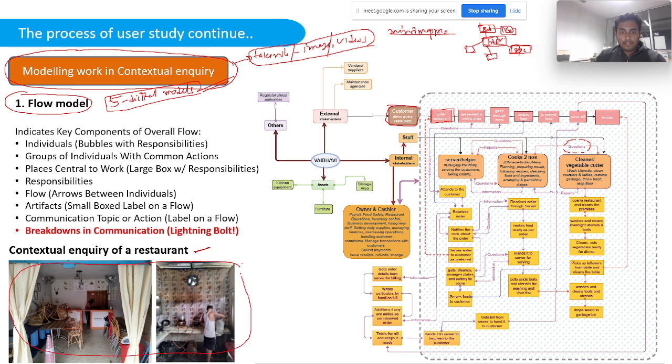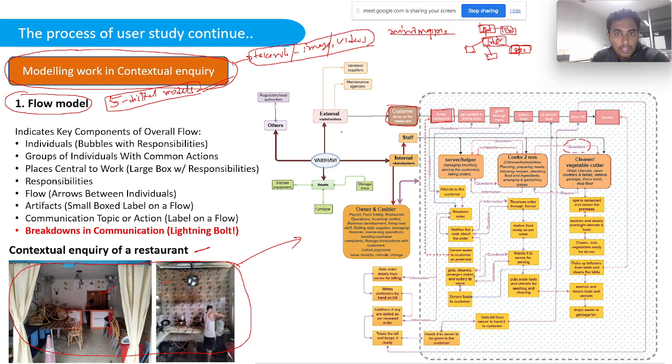This is about the daily activities of a restaurant in the daytime, and after taking images and a lot of notes, the particular student has come up with this flow model, and let's see if it helps you in understanding the context or not. Okay, so imagine me as a third person, or as the same person who did this project, after 6 months. Try to understand what the context was and what happens daily in the restaurant.